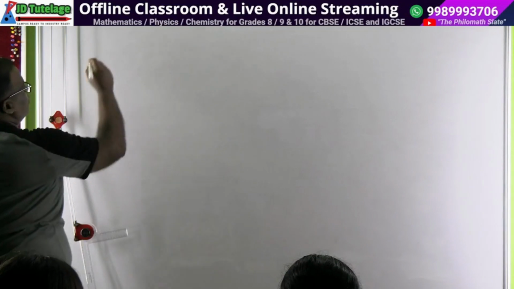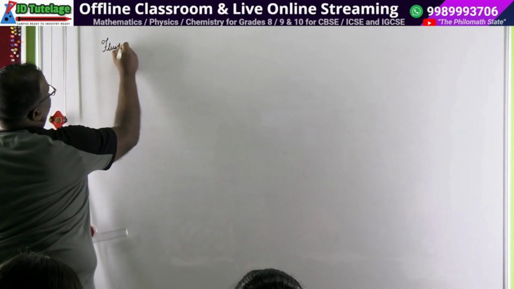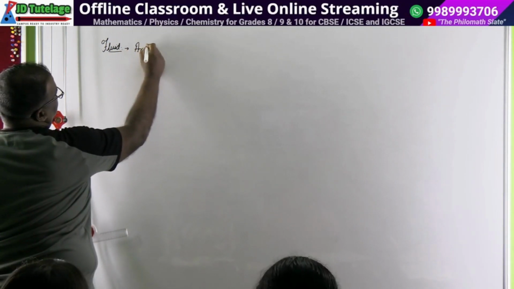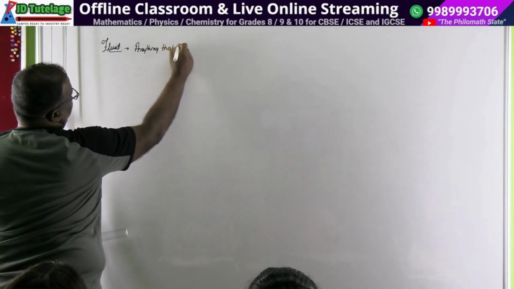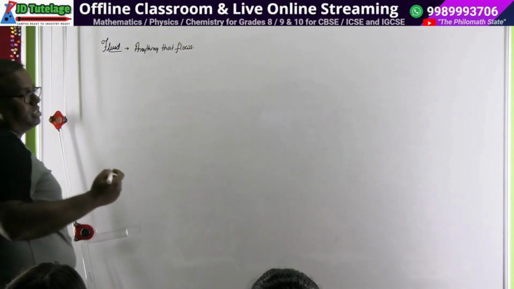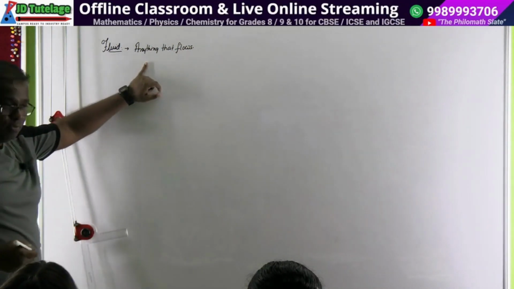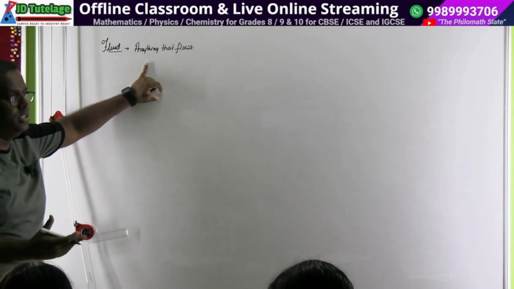ठीक है. Now we talk about fluid, and then we'll talk about fluid pressure. Fluid का मतलब क्या हुआ? Fluid is anything that flows. The most interesting thing is heat is also considered as a fluid, fluidic motion. Anything that flows. It can be visible, it can be invisible. Like heat is not visible to you, but heat is considered as fluid.